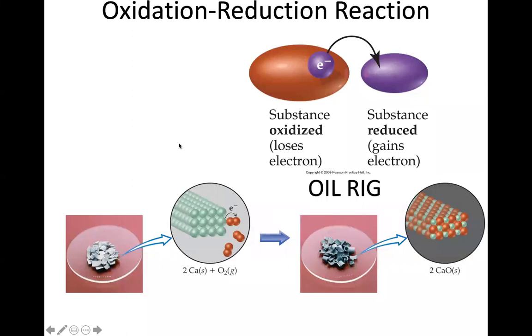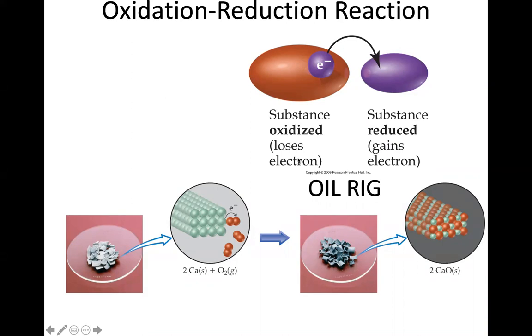So when we're doing oxidation and reduction reactions, we're interested in the transfer of electrons. The substance that is identified as being oxidized is losing an electron, or more than one electron. The one that is gaining the electron is identified as reduced.